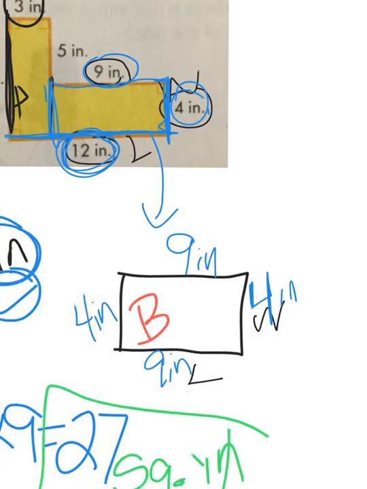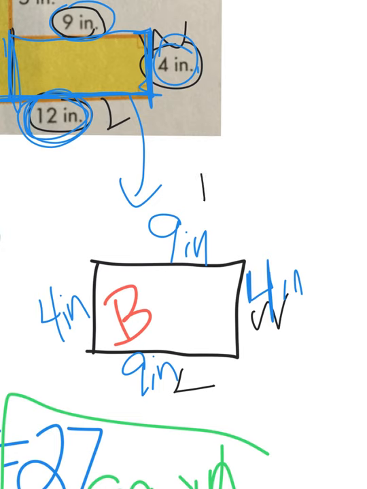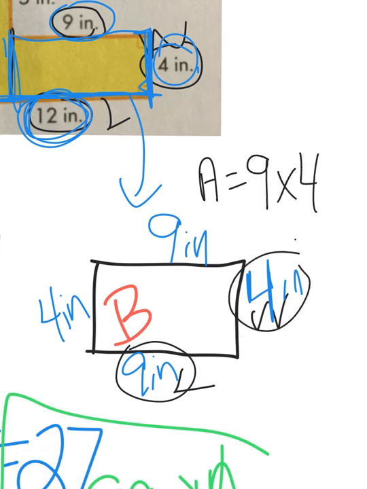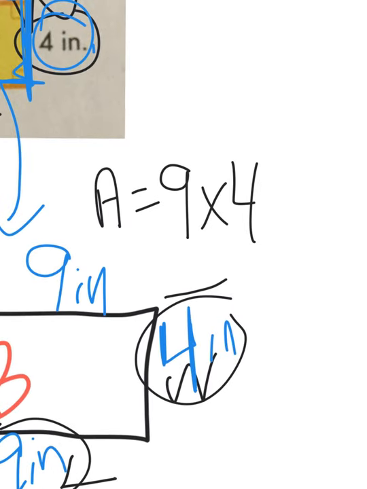And then I look at my formula, which I said was area equals length 9 times width 4. And oops, 9 times 4 is 36. Again, it's an area, so it's going to be square inches.